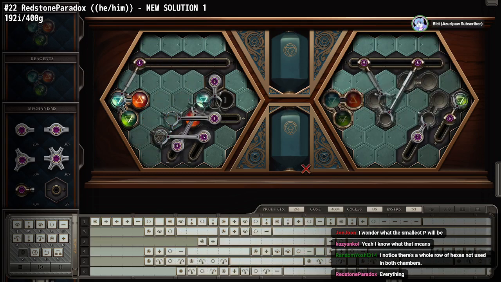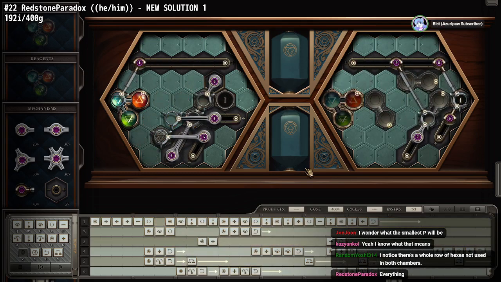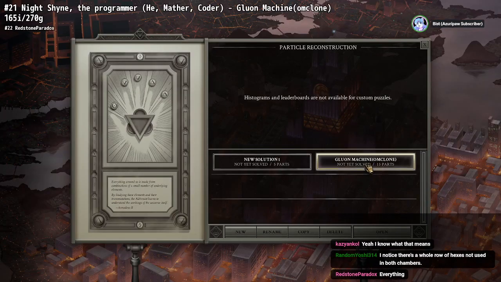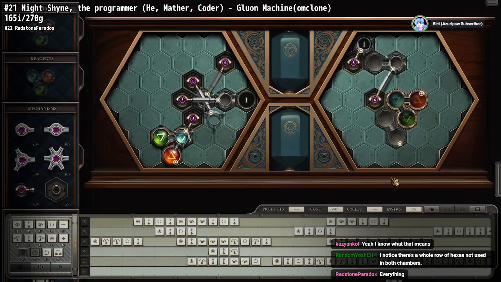Speaking of impressive solves though, next up we have at 165 instructions and 270 gold, good old Nightshine, who probably also hasn't opened the game for this puzzle. I don't know, have they?